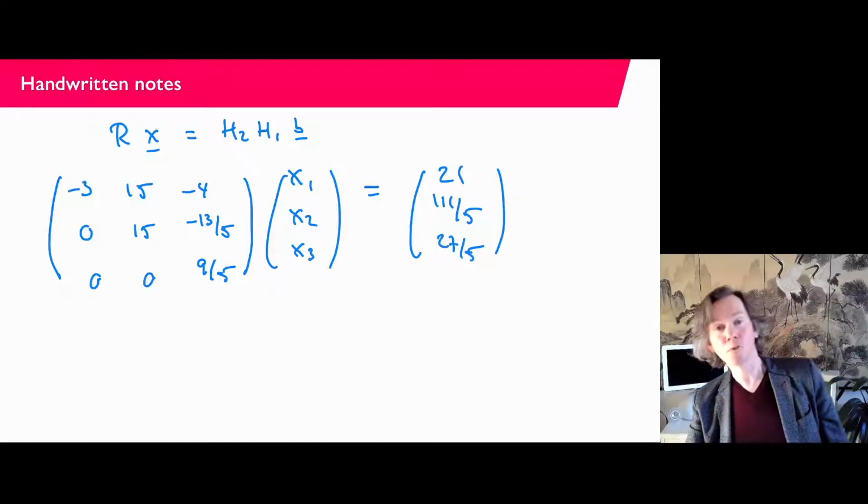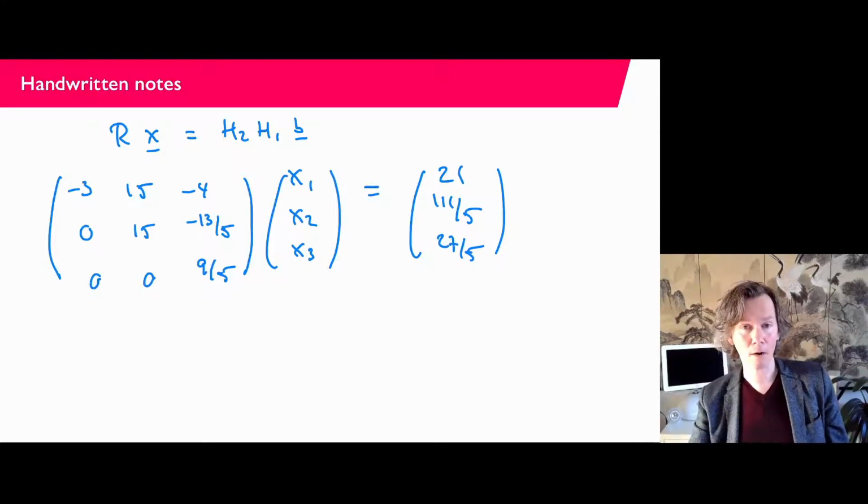So since this is an upper triangular matrix, we can solve this using backward substitution.